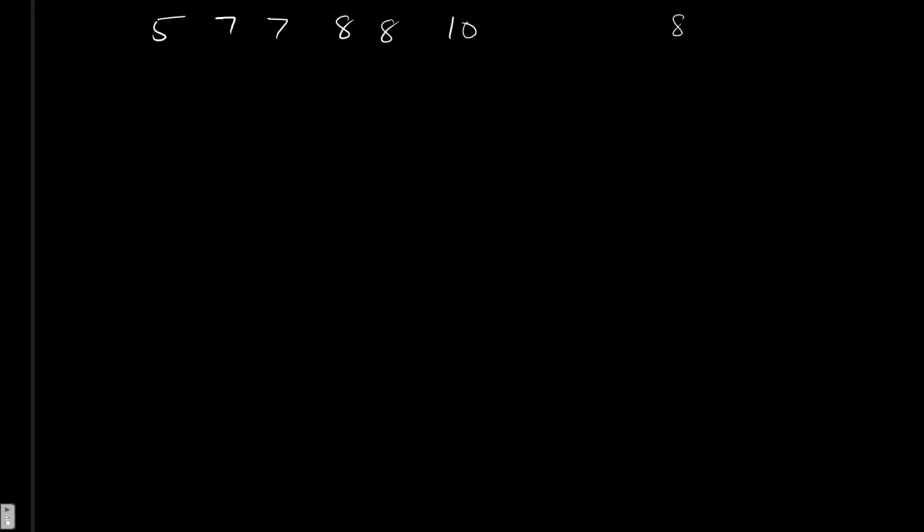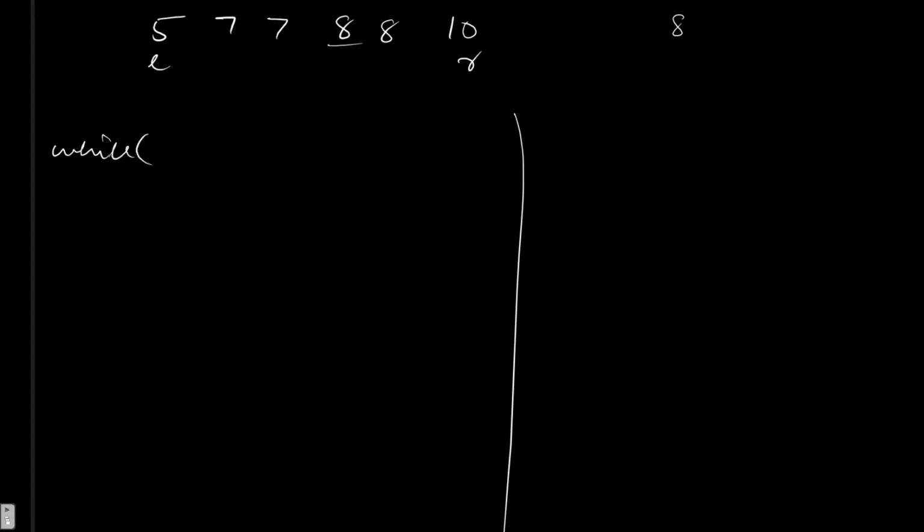First we have to find the index of the first occurrence. So we'll do binary search, and first we find the first occurrence. Left is going to be 0 and right is going to be 5 at the beginning, and we'll find the mid, as we always do in binary search. Let me write the pseudocode for first.